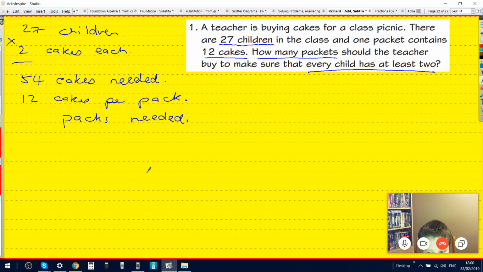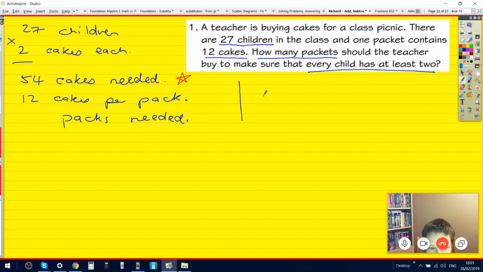No, how many cakes do I need? How many cakes needed? 27. No. 27 cakes. Right. We said 54 were needed. So 54 cakes.